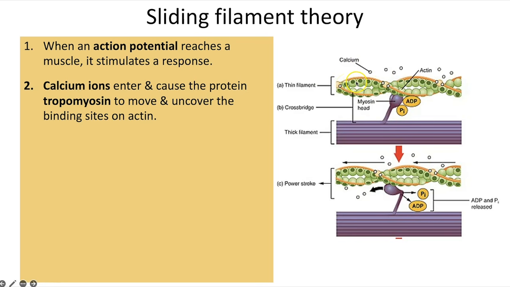which is shown here in orange as protein, to move to a different position. And that position that it moves to results in the actin exposing the myosin binding sites. So that thin filament actin has binding sites on it that myosin heads, which are these structures branching off the myosin, can bind to.